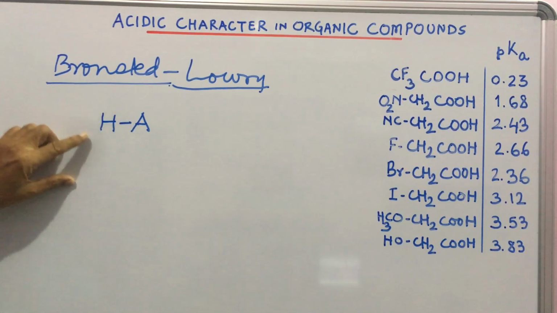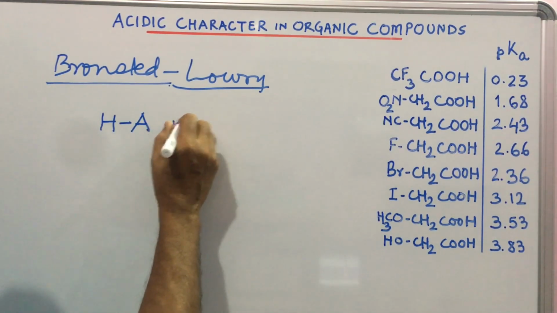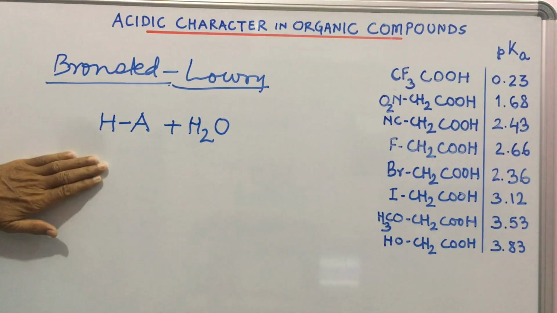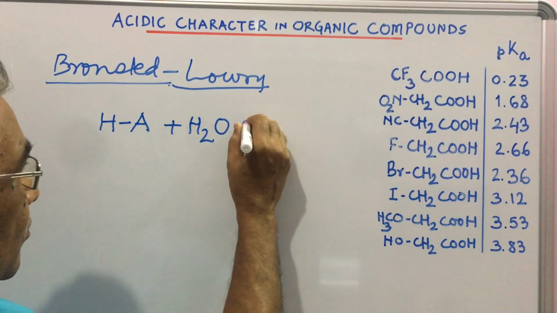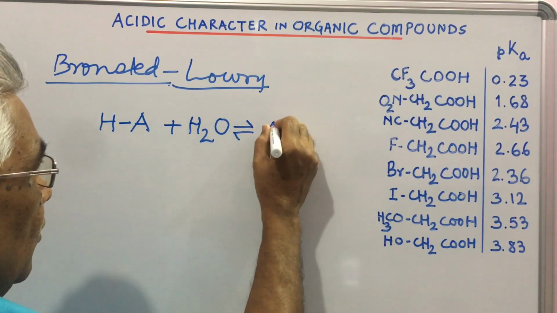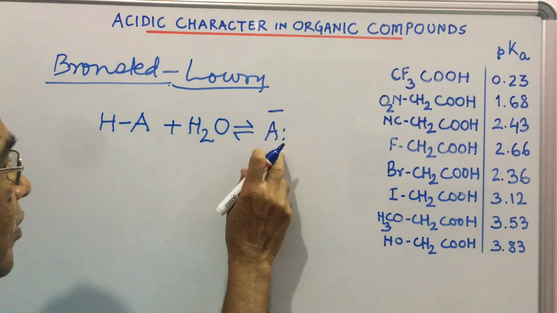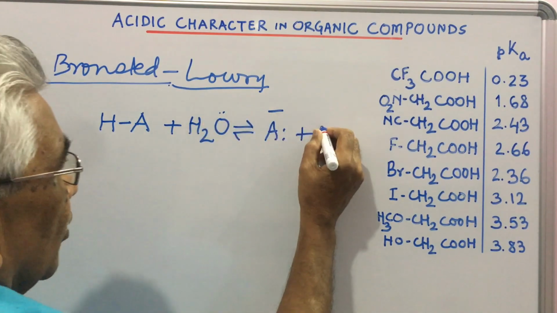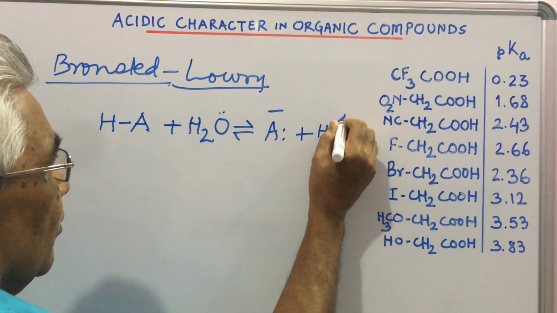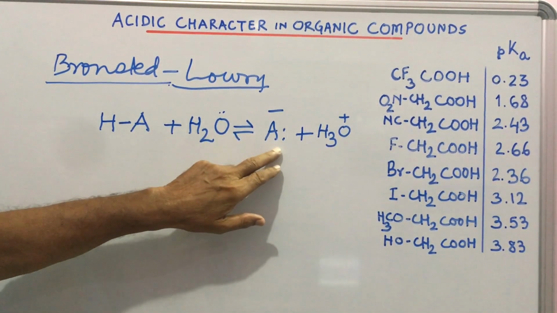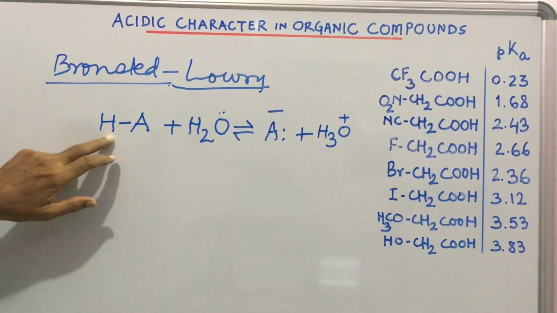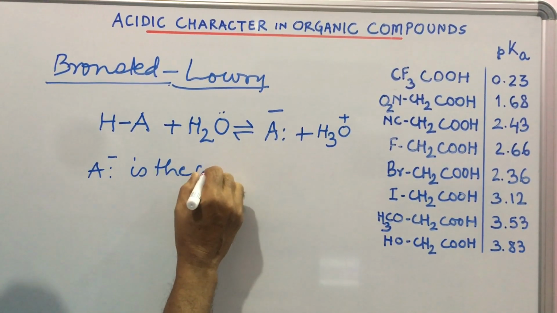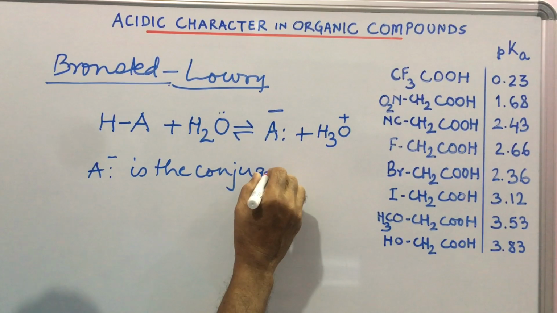If it is capable of losing this proton, there must be some medium, and aqueous medium is ideal for this. You are left here with A minus anion. H2O accepts this proton, forming H3O hydronium ion. A minus is the conjugate base of HA. We will use this term frequently, so understand this.